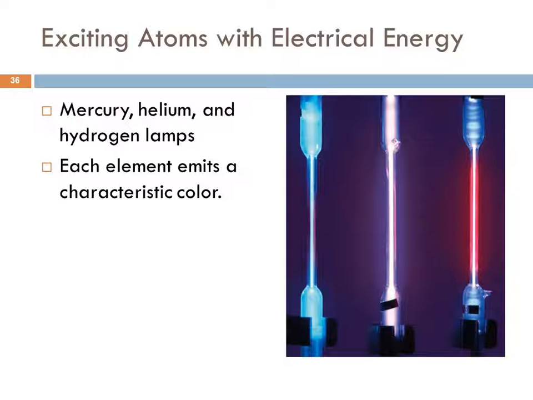If we take the light from a lamp like this and pass it through a prism, we see a series of lines. Each element is going to have a particular color of light that it emits. So you can make a mercury lamp, and every time you make a mercury lamp, it's going to give off that same color.